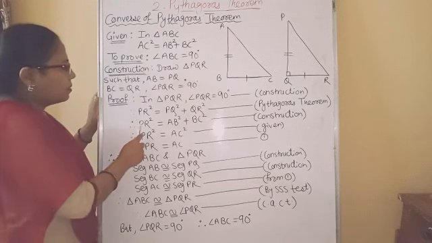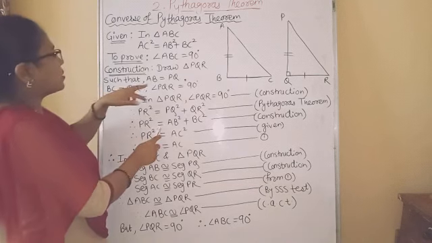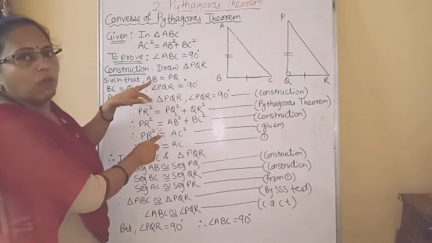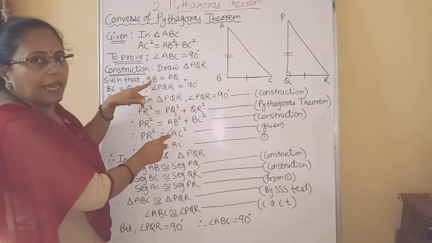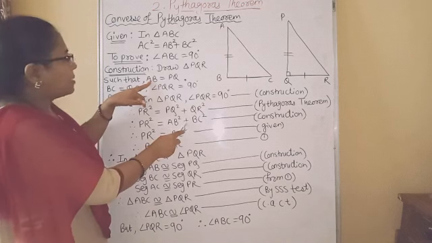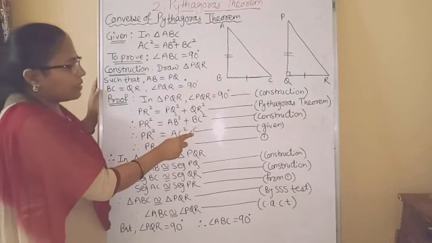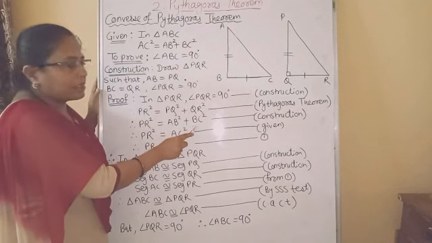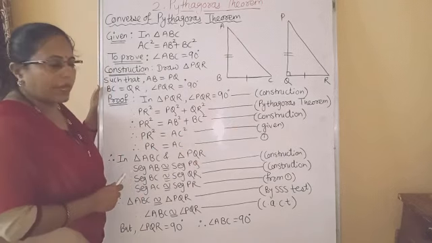Okay. Now, PR square is equal to, but we did the construction, PQ is equal to AB. So here instead of PQ square, we will write AB square. Plus QR is equal to BC, so instead of QR square, we will write BC square. And reason we will give construction. Okay.